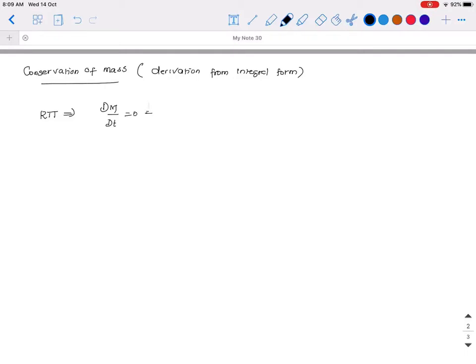So this will give you the integral of rho dV over the control volume plus the integral of rho u dot n dS. This is the rate of increase of mass within the control volume.